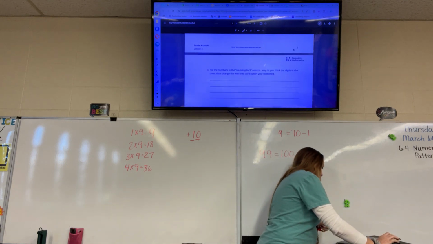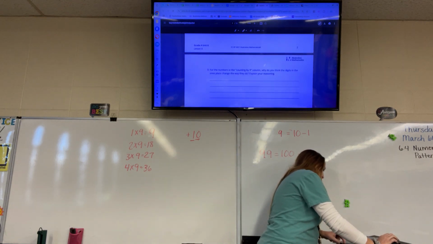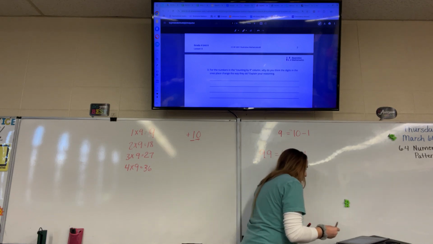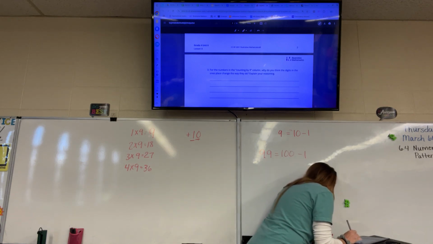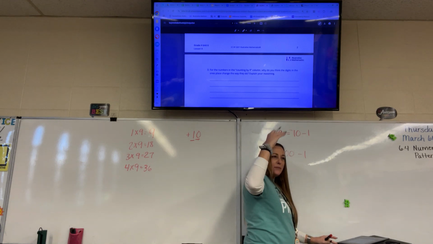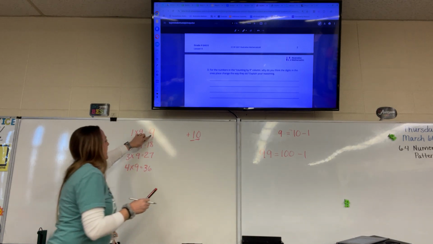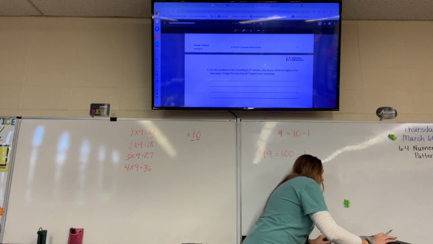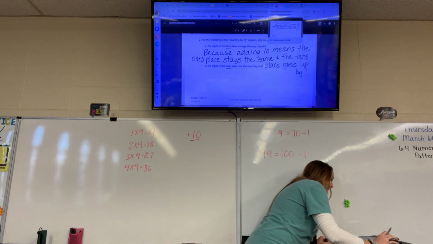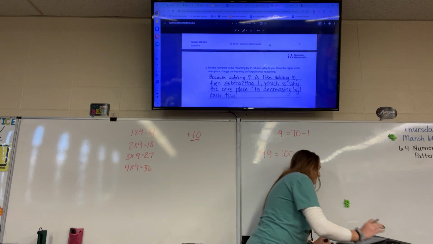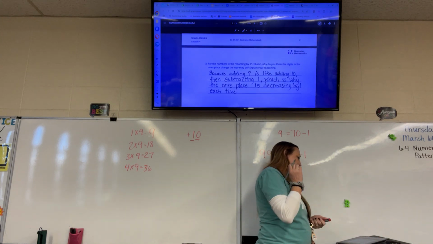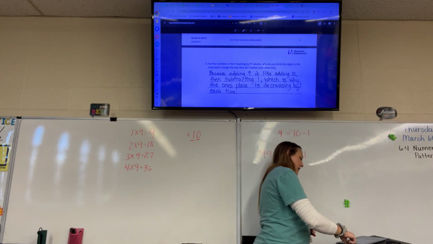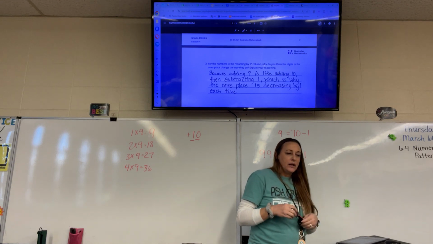It's pretty cool. For the numbers in the counting by 9 column, why do you think the digits in the ones place change the way they do? They go down each time, right? So they went 9, 8, 7, and that's because adding 9 is like adding 10 then subtracting 1, which is why the ones place is decreasing by 1 each time.